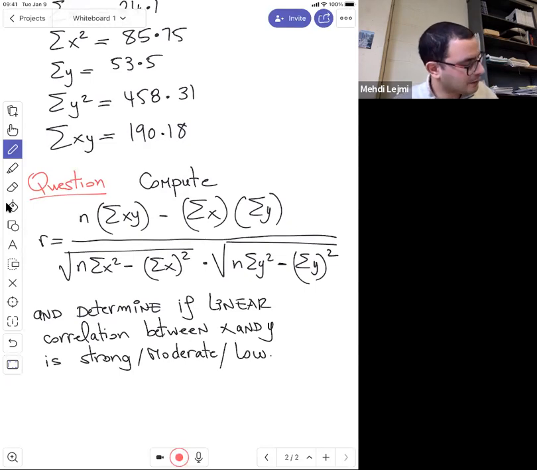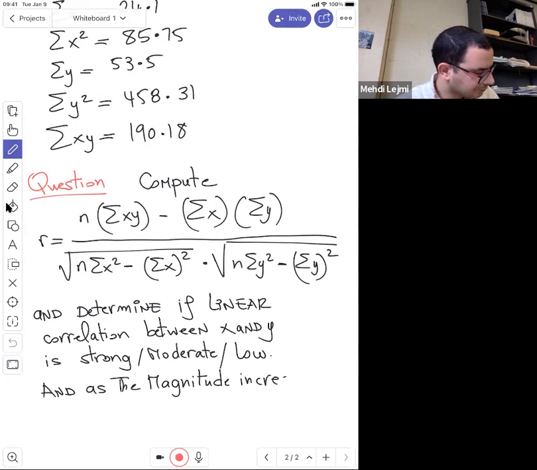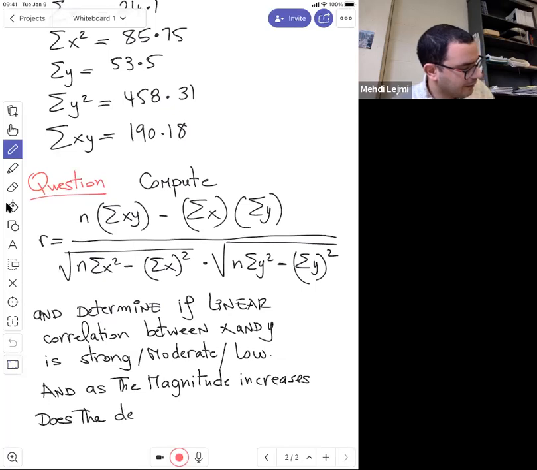And as the magnitude increases, does the depth of the earthquake increase or decrease?